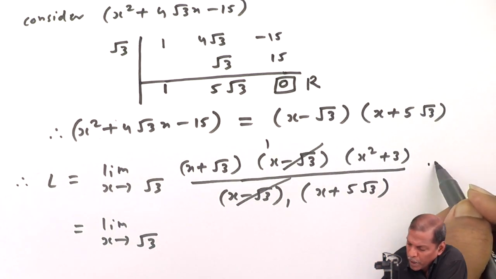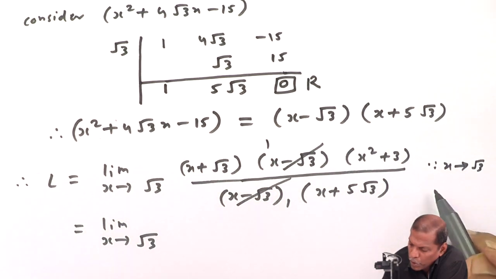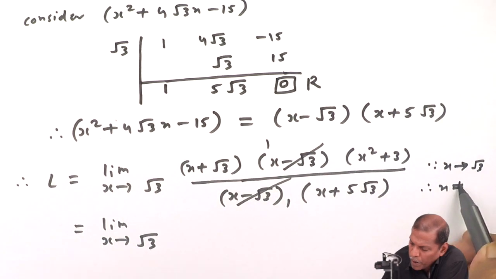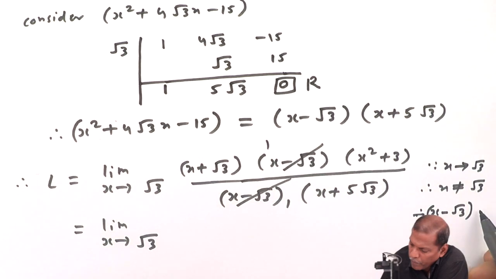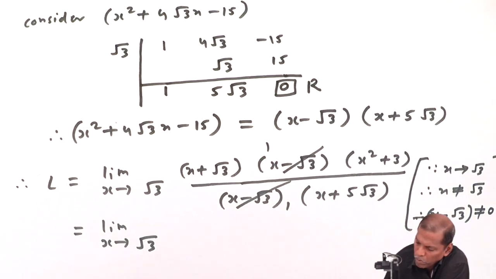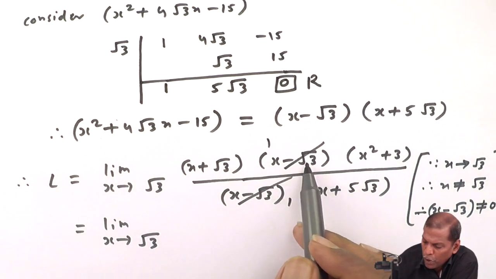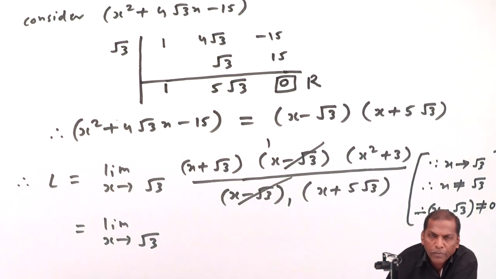by stating the reason that since x tends to root 3, it means x is not equal to root 3, which means x minus root 3 is not equal to 0, and that's why here we cancel x minus root 3 from numerator and denominator.